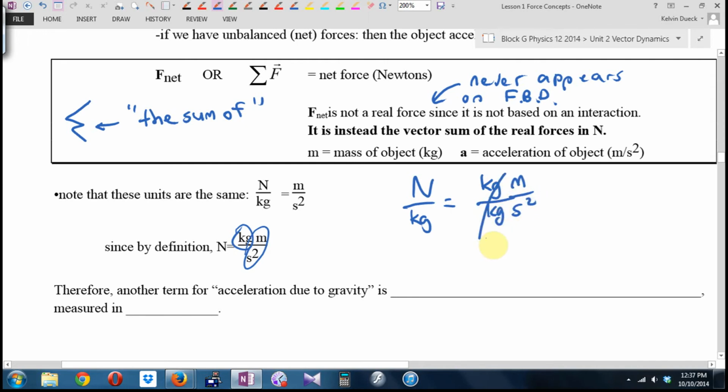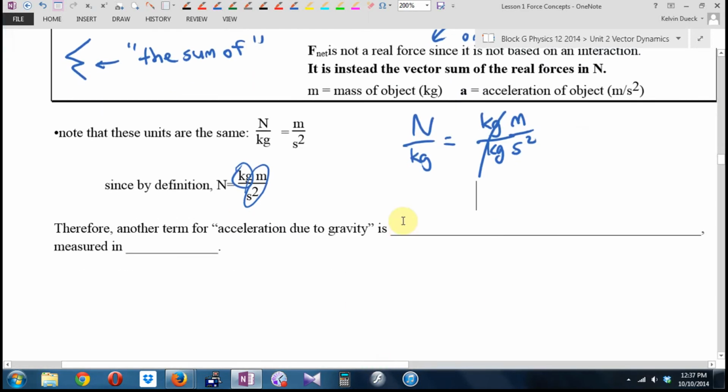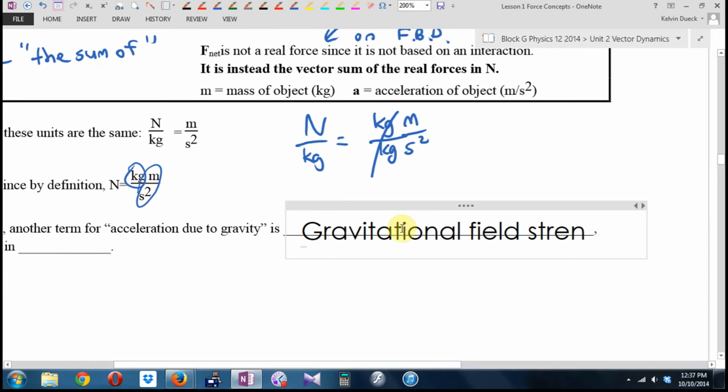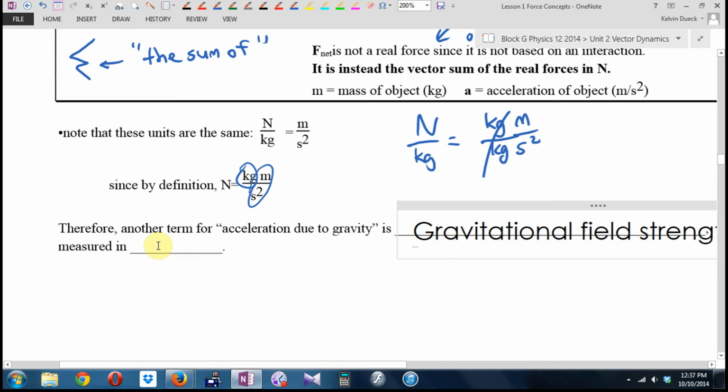Oh yeah, newtons per kilogram is meters per second squared. So another term for acceleration due to gravity, and they're interchangeable, at least at this level, is gravitational field strength, measured in newtons per kilogram.